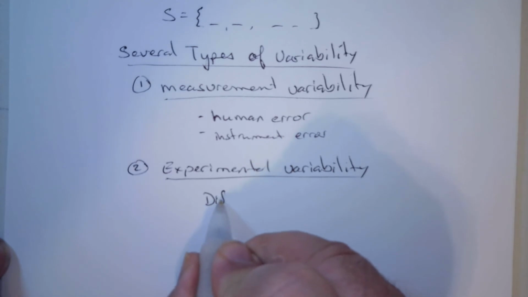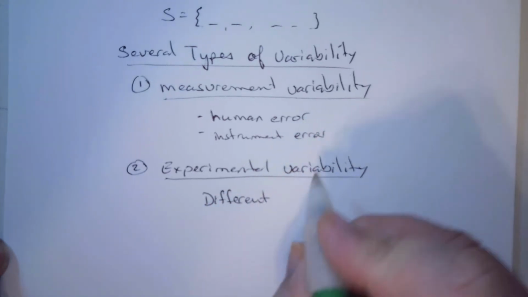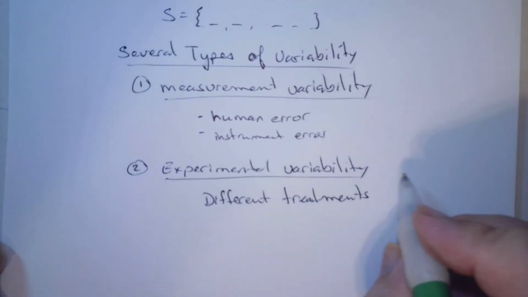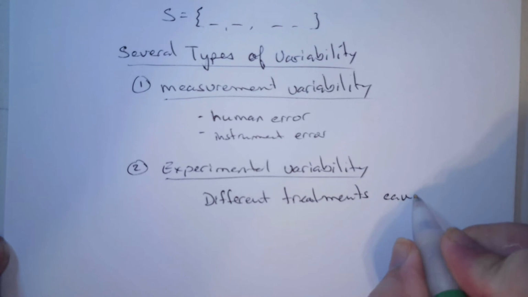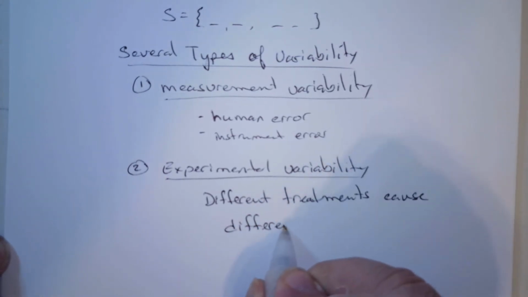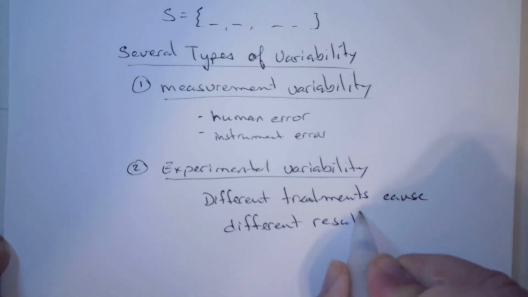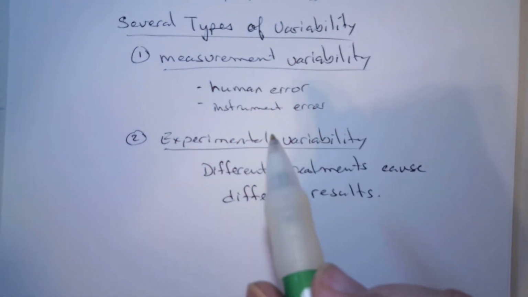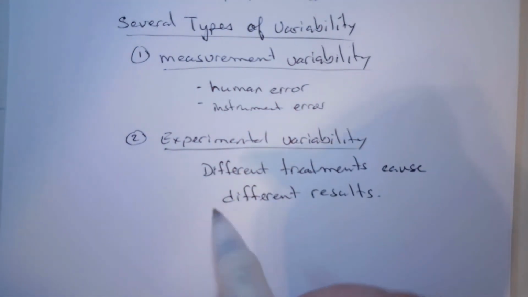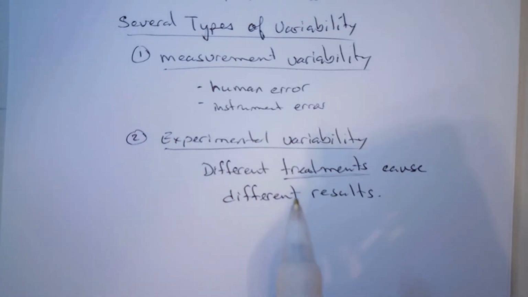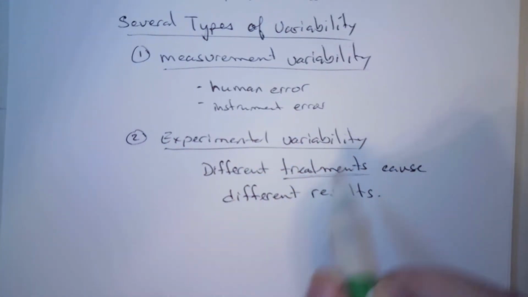What this means is different treatments cause different results in an experiment. Remember, in an experiment you have a control group, you have an experimental group. And in the experimental group, you change one of the variables. That's the treatment. The variables are the treatment. The different ways you change the variable can cause different results.